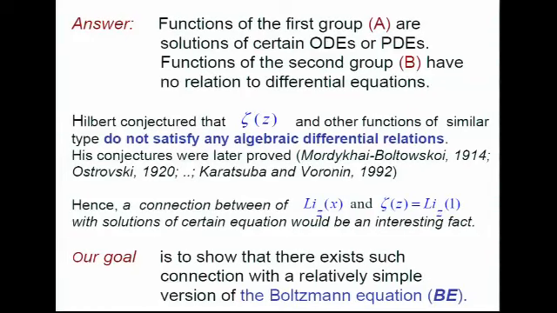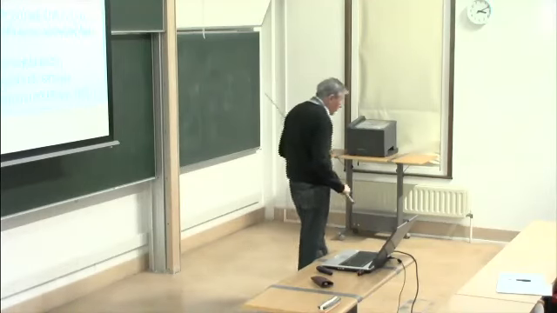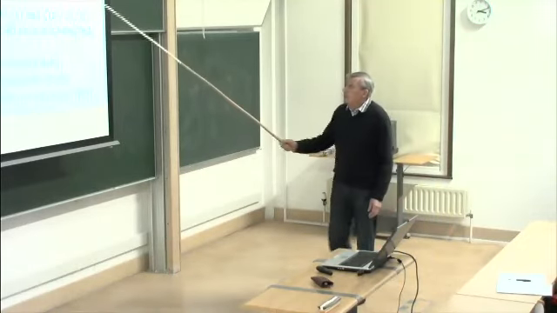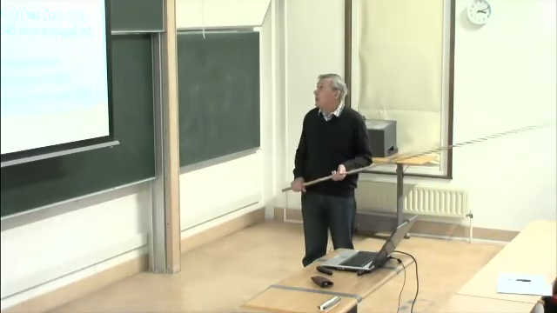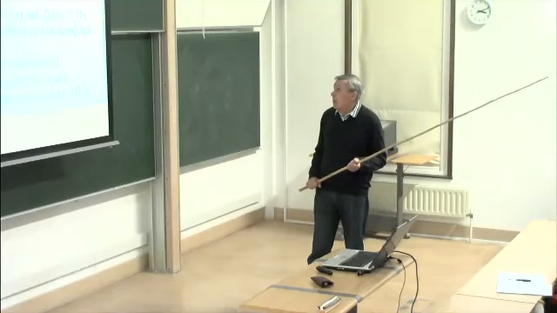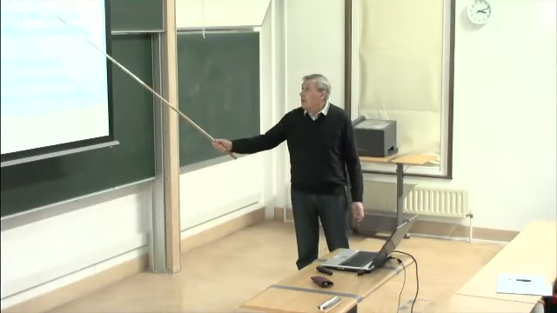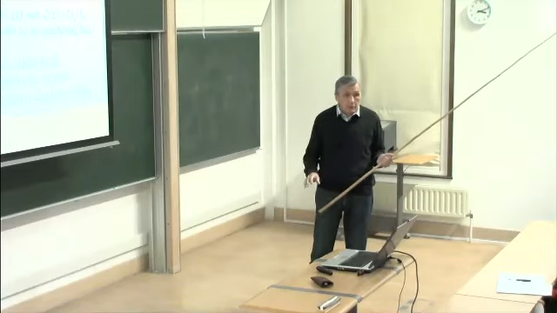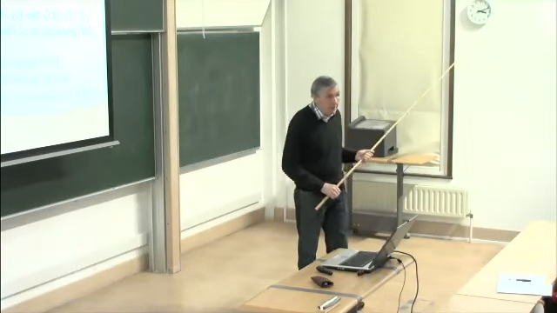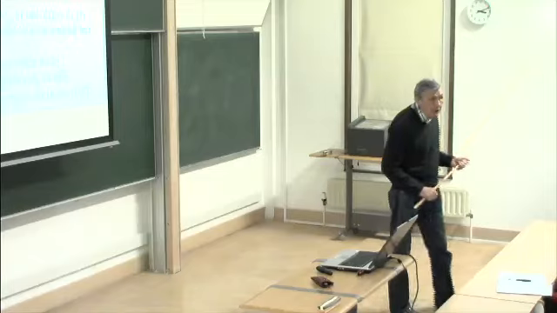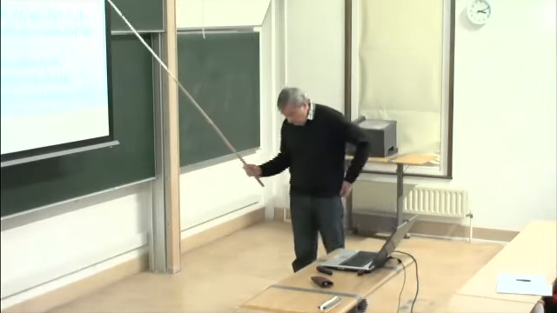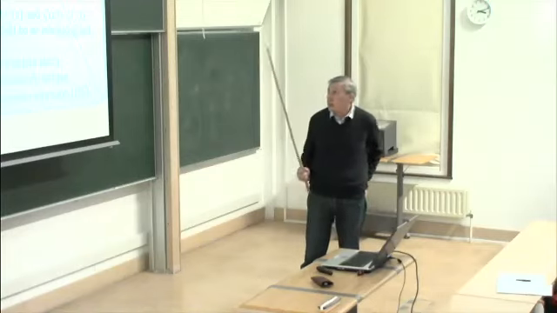And Hilbert, at the beginning of the last century, conjectured that the zeta function and other functions of similar type do not satisfy any algebraic differential relation. So there cannot be any ODE or PDE for which these functions are solutions.